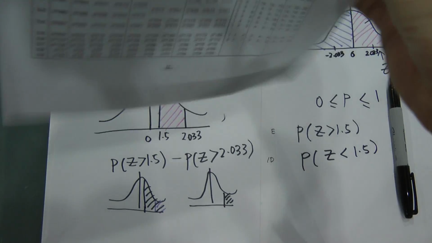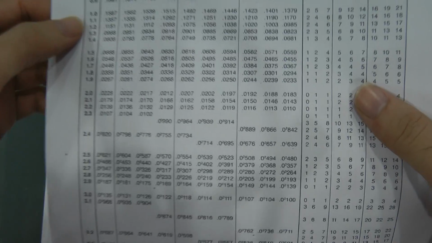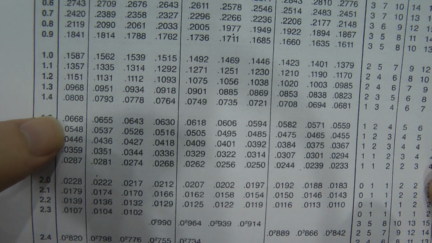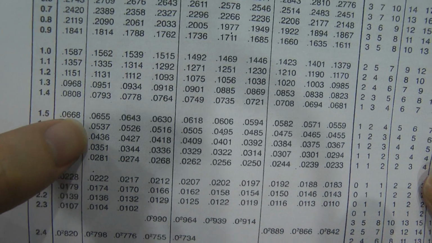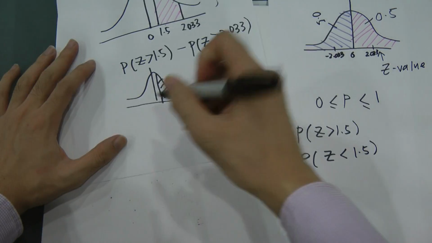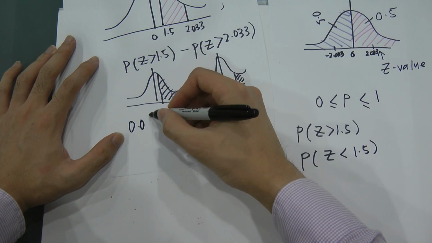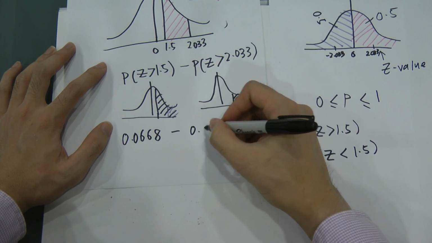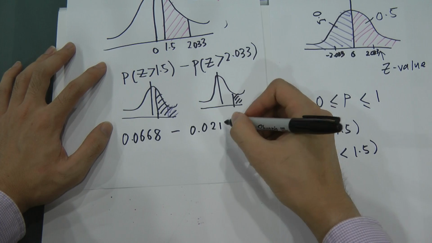Then I can straight away find the value in the diagram here. First, 1.5. I straight away find 1.5, it will be here. This is 0.0668. So this is 0.0668 minus this one, we got the value just now, 0.0211.